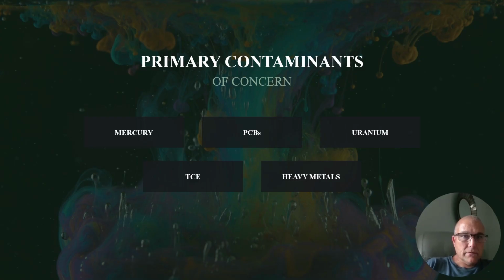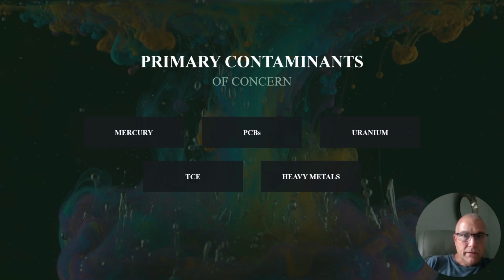Contaminants of concern. Several contaminants have been identified as primary concerns at Oak Ridge. These include mercury, polychlorinated biphenyls or PCBs, uranium, trichloroethylene, known as TCE, and other volatile organic compounds and heavy metals.